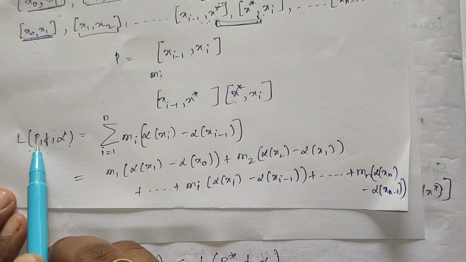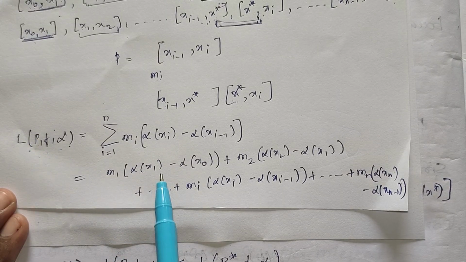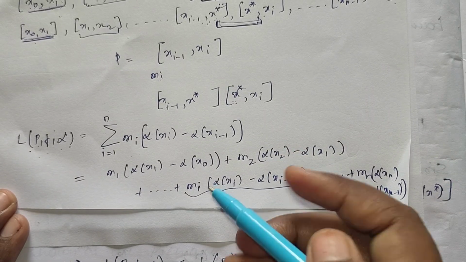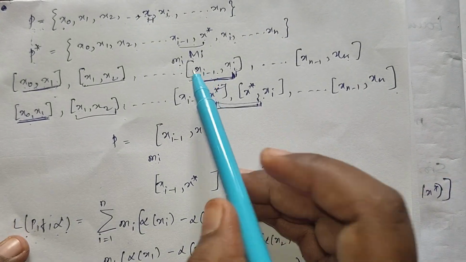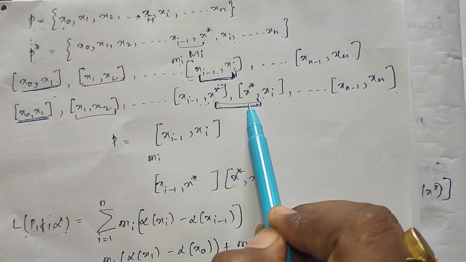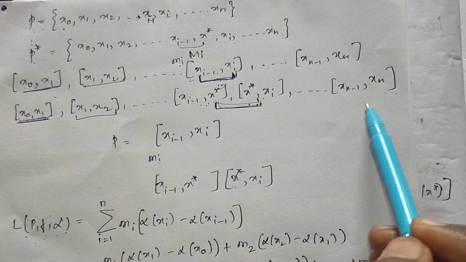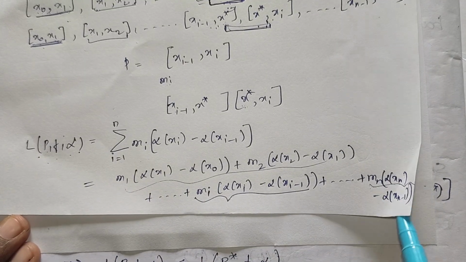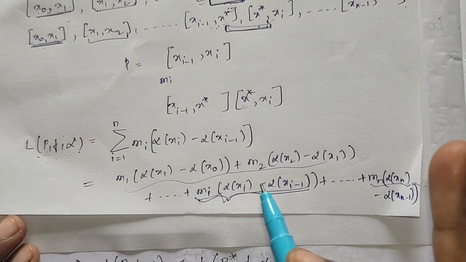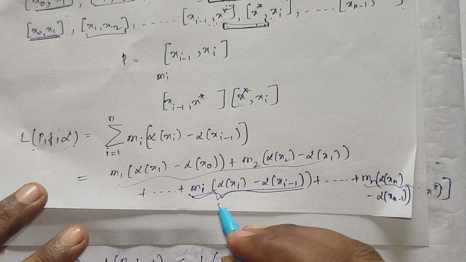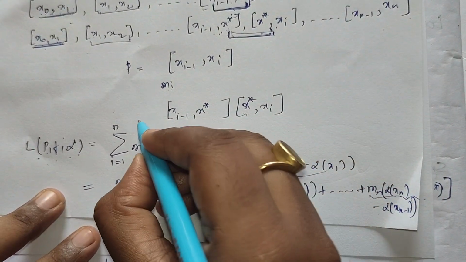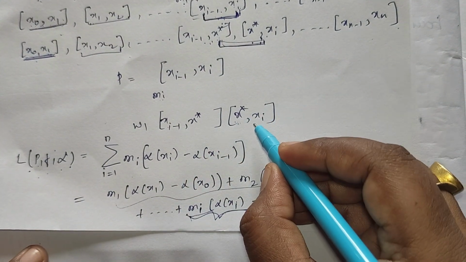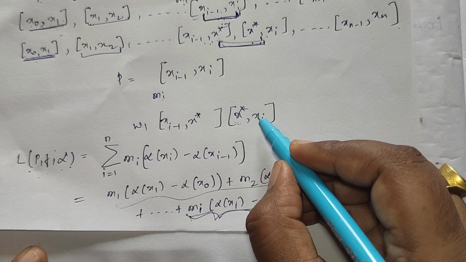And for L of p star comma f comma alpha also you'll get the same thing, but instead of this you will get two terms. Why? Because you have split this interval into two intervals, so remaining all will be same. That is, see here I have considered W1 to be the infimum of this particular interval and W2 to be the infimum of this particular interval.